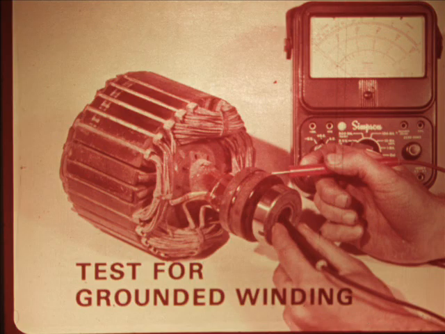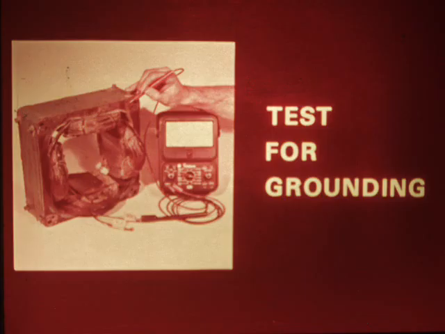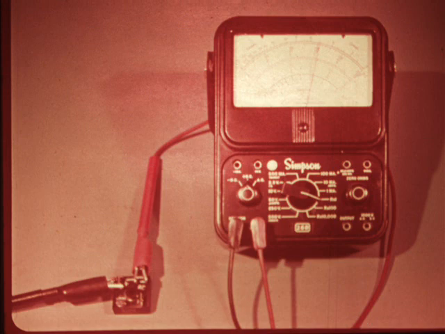Let's summarize. Most problems in the generator will probably be caused by the rectifier or the compounding reactor. But while you've got the generator apart, check it out fully. Test the armature for grounded and open windings with an ohmmeter or a powered test light. Also, test the field windings for an open circuit or grounding to the housing, and be sure the wire terminals are tight.